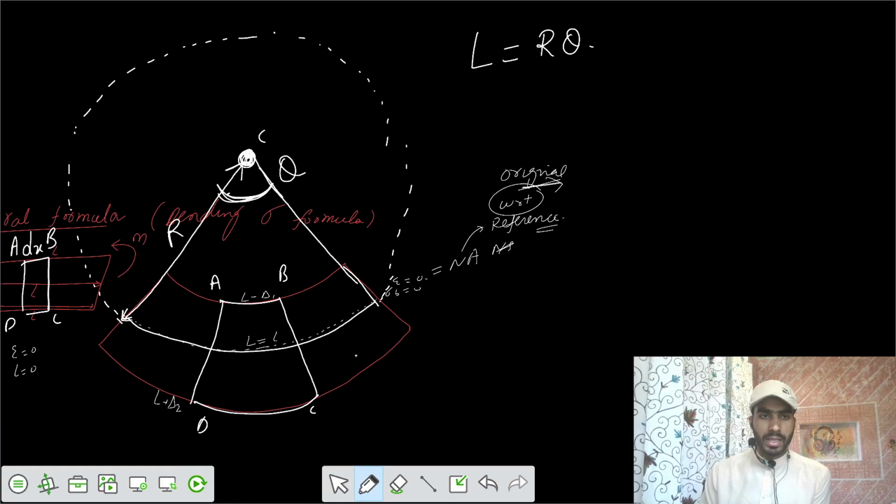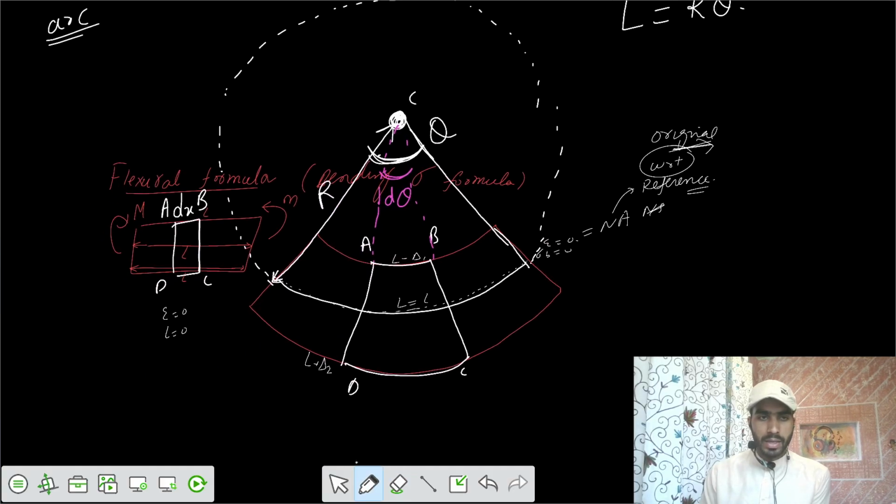It makes an angle of d theta, and the length of the element along the neutral axis is dx.